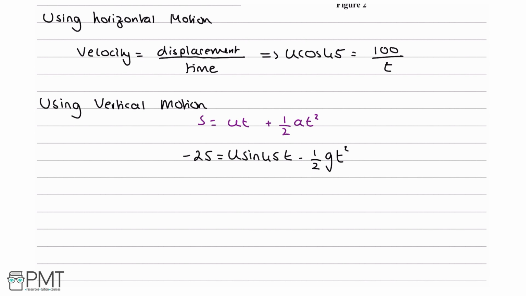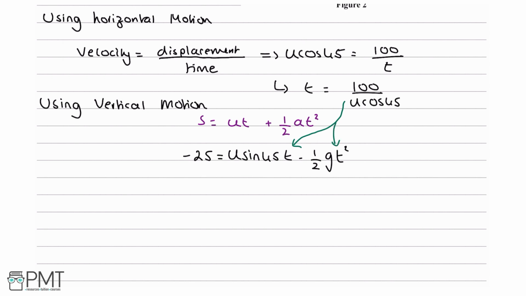Now, what you might notice is if we're trying to solve this in terms of u and t, we can eliminate t using u cosine 45 equals 100 over t. Because this allows us to say that t equals 100 over u cosine 45. So I'm going to substitute for all instances of t our 100 over u cosine 45.